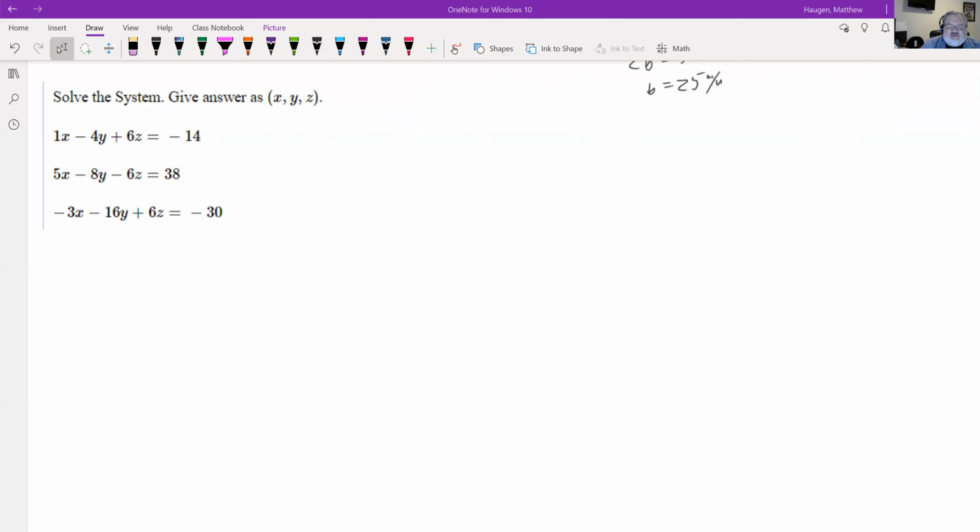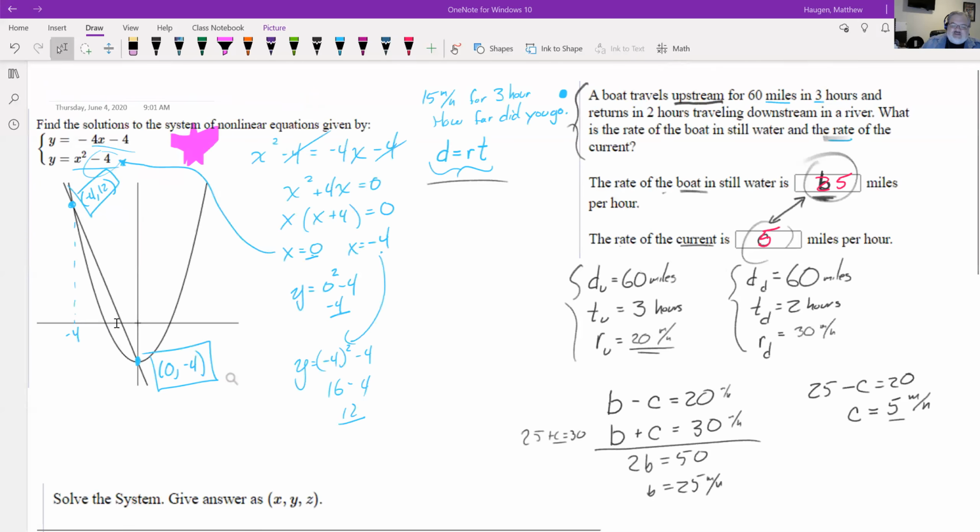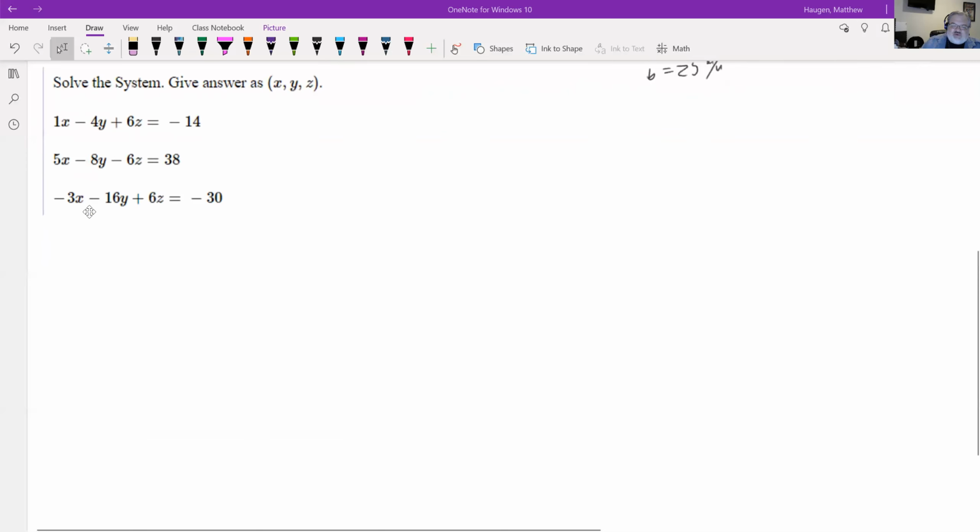Visualizing what this question is asking is a little bit different than visualizing where lines intersect, because each one of these equations is still called a linear equation because the variables are all to the first power. But if we were to graph these equations, we'd be graphing them in 3 dimensions, and they would be planes instead of lines.